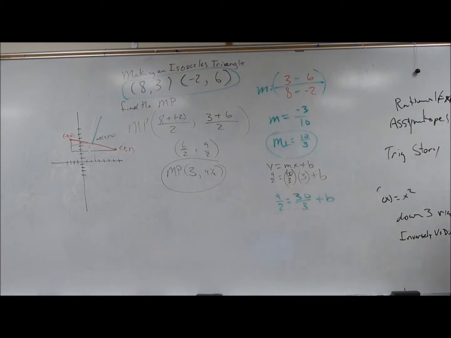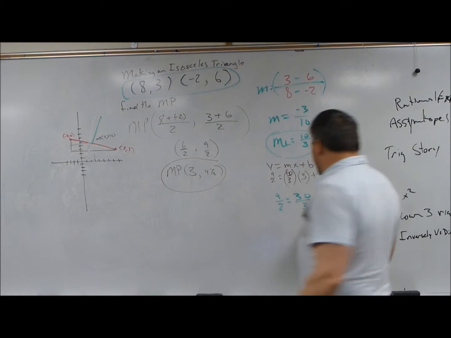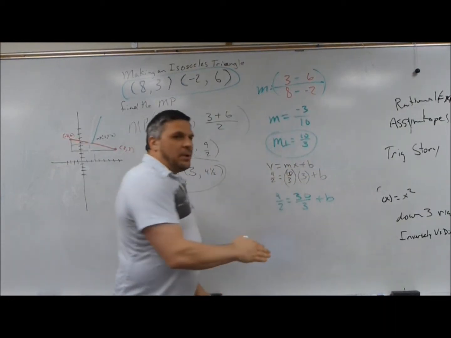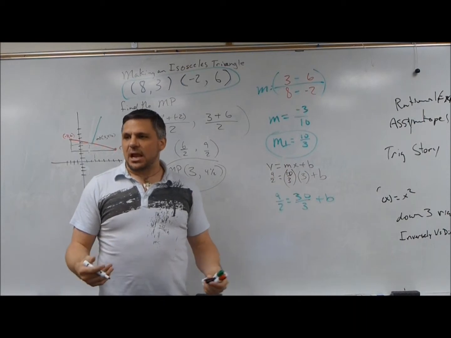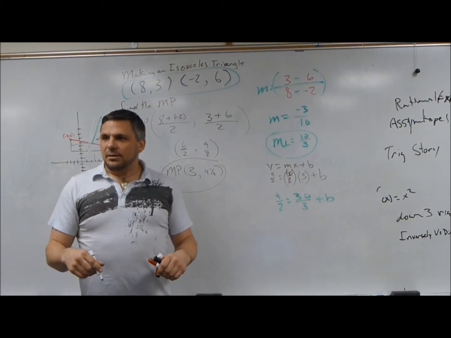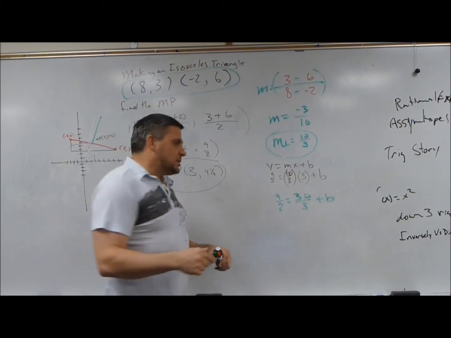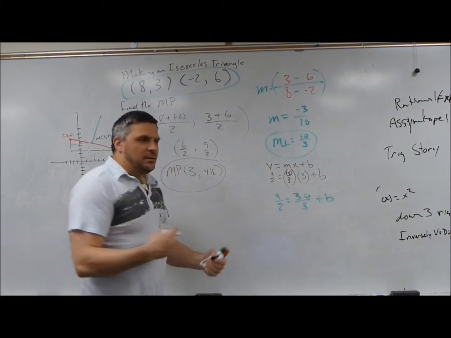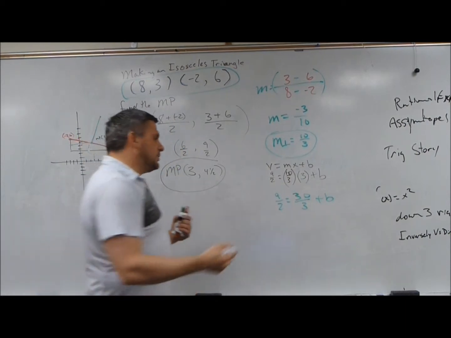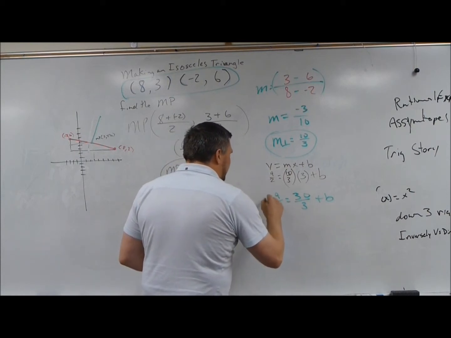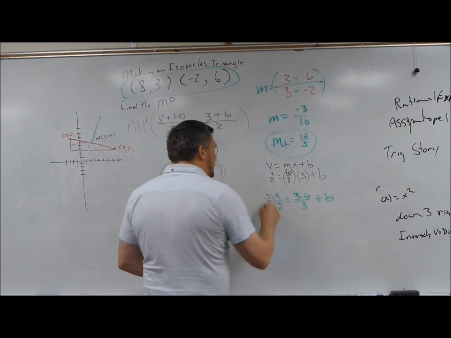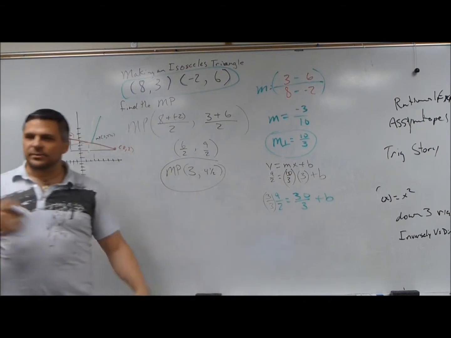And so now I just have to subtract these. But before I subtract them, maybe I should make them the same denominator. So what do 2 and 3 both go into? 6. So how do I get to 6? I'm going to multiply 2 by 3. When I do the bottom, I do the top. I'm just multiplying it by a factor of 1.